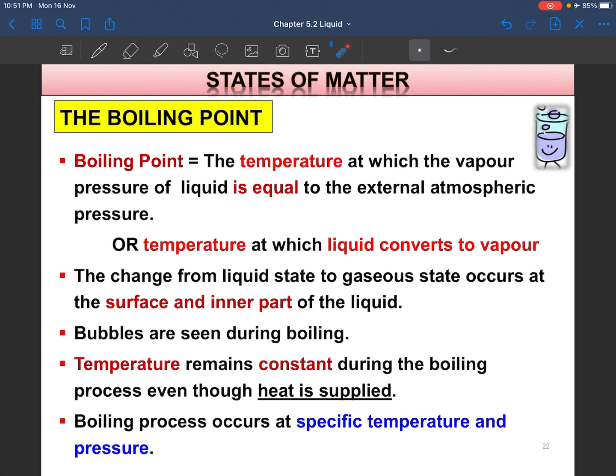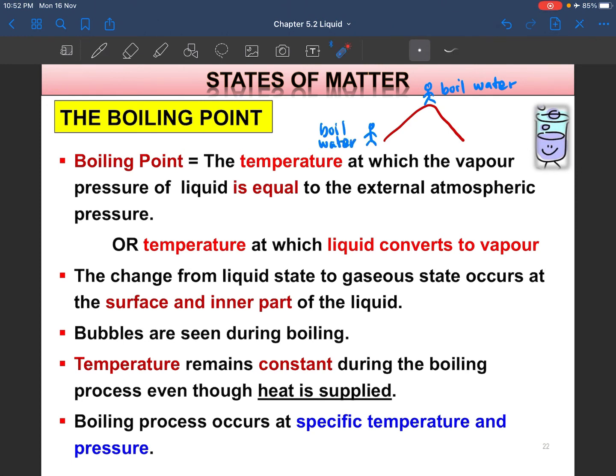Okay, so ini sebab tu kalau kamu pergi naik atas Gunung Kinabalu, dan kamu boil water dekat atas tu, and your friend dekat bawah Gunung Kinabalu pun boil water juga.